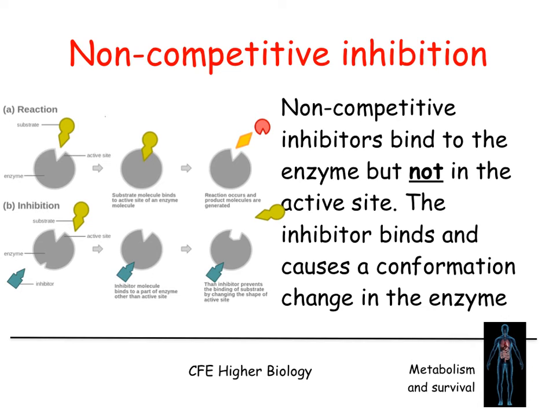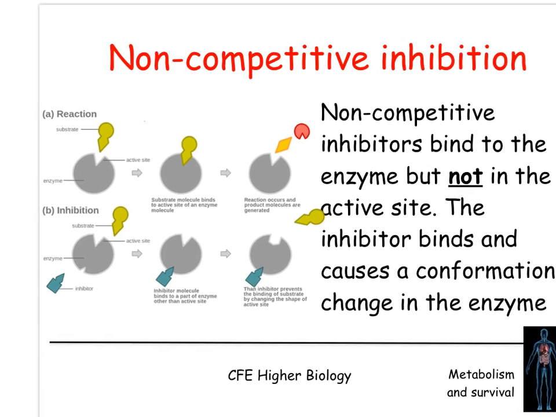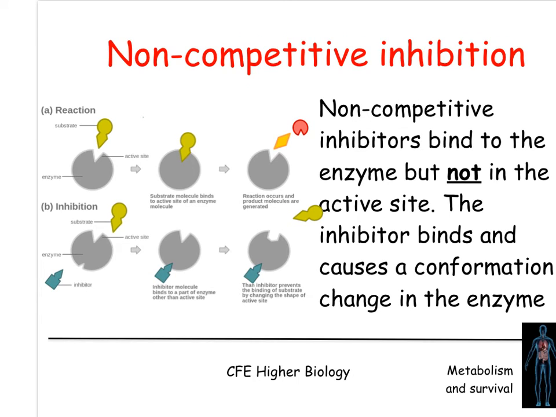If we have a wee look at this diagram over here, I'll just move it over a little bit. Here's our ordinary reaction again up here, but our inhibitor binds to another area on the enzyme, and when that happens, it changes the active site, and you'll see here's the change in the active site.